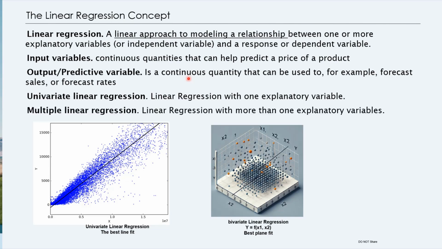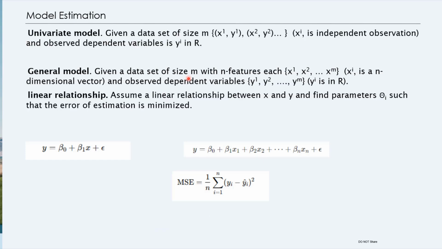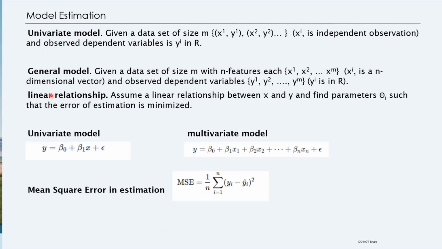When it comes to model estimation, we're looking at two main approaches, the general model and the univariate model. The general model is our go-to for data sets with a variety of sizes and features, helping us estimate the linear relationship between independent variables, x, and the dependent variable, y. On the flip side, the univariate model keeps it simple by focusing on just one x and one y.